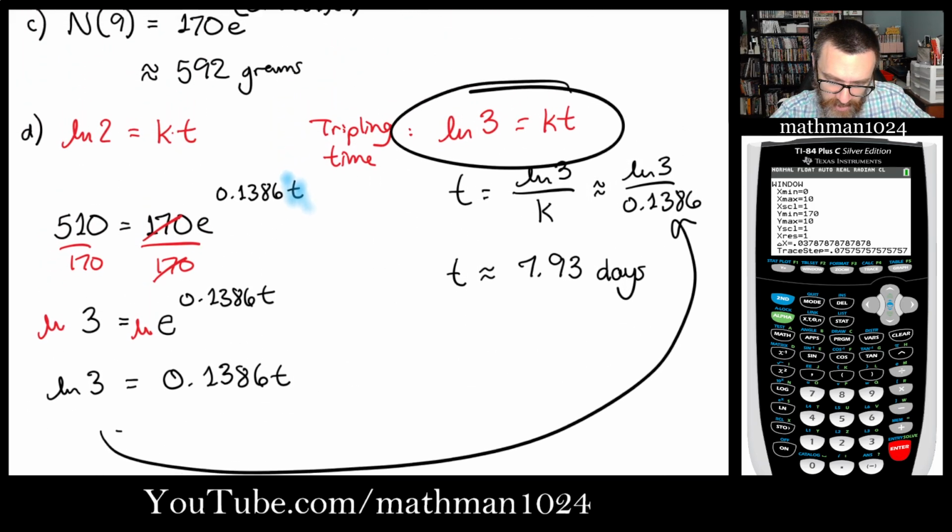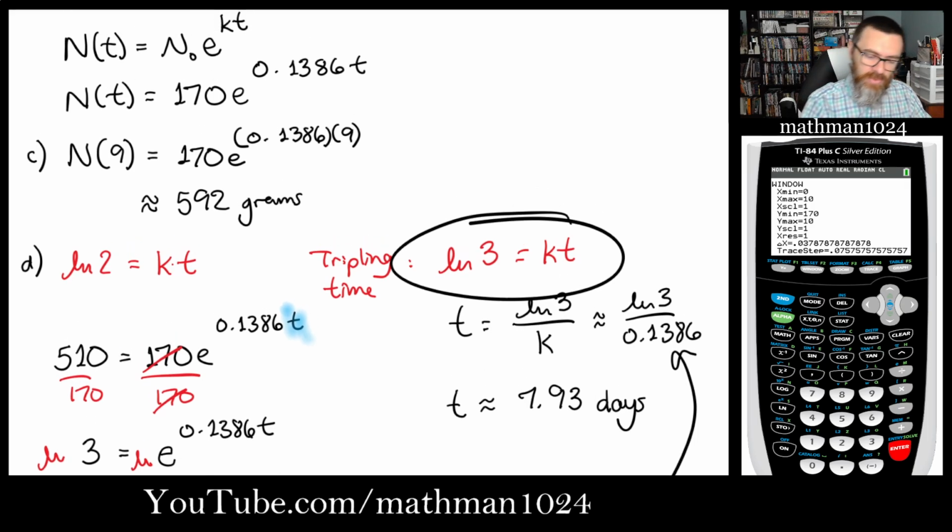So it triples in almost 8 days, so that would be 510. Let's take this up to, say, 650. And let's make this every 50 units.